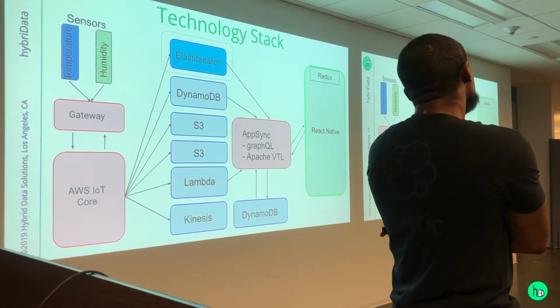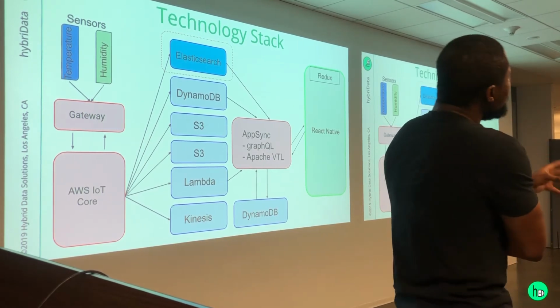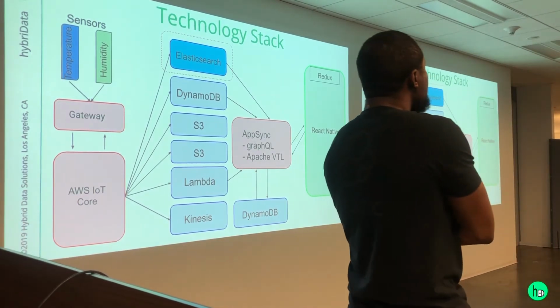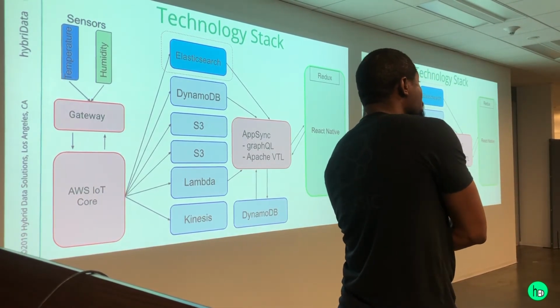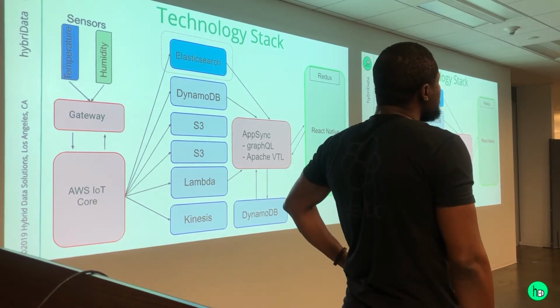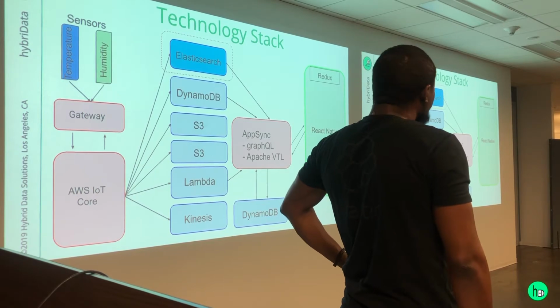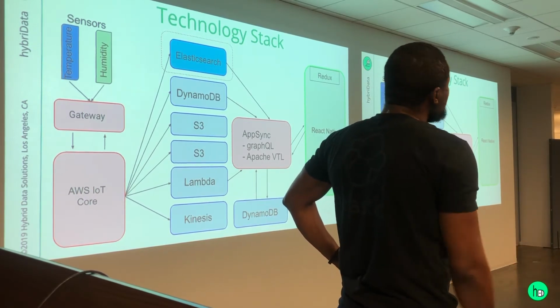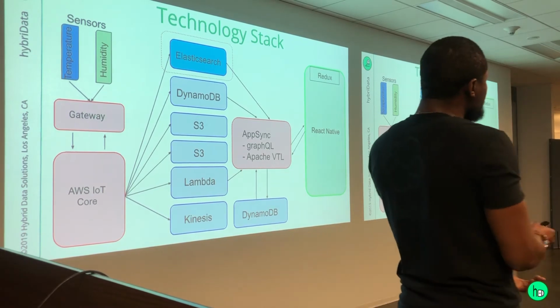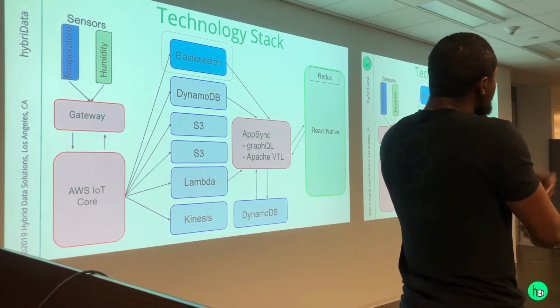For our own use case, we didn't have to delve into using Kafka or Kinesis Firehose for pushing that huge amount of data. But for the machine learning, we had to spin up EMR clusters, write Spark applications, Spark jobs to run the models on it.